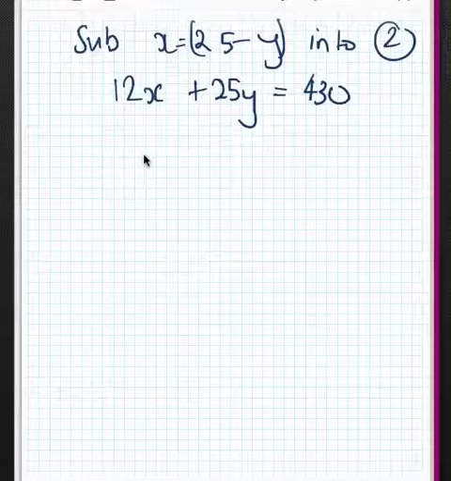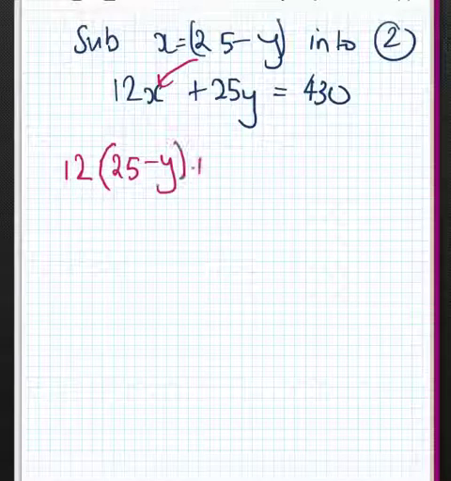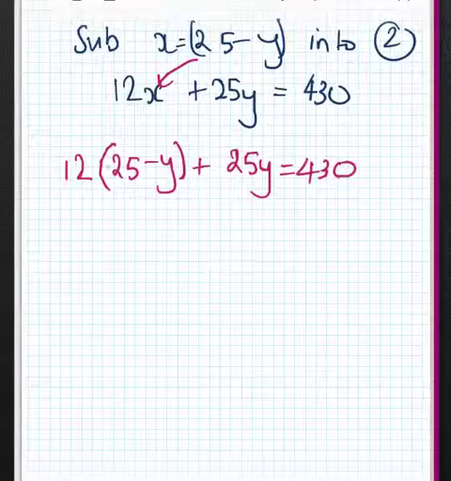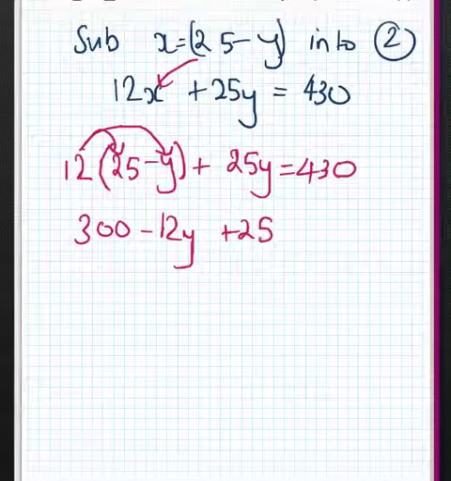All right, so off I go. I'm going to have 12 and then bracket 25 minus y plus 25y equals 430. Now I have to expand. So 12 times 25 and 12 times negative y. 12 times 25 is 300 minus 12y, and then plus 25y equals 430. Now I'll simplify what I can.